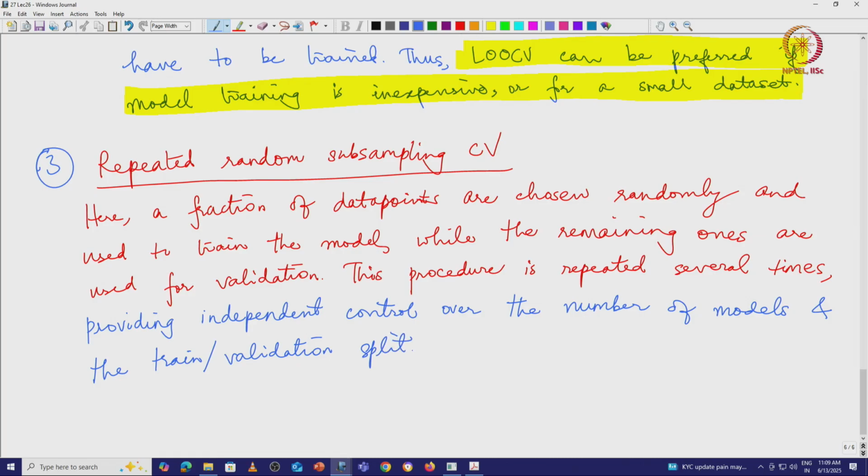Okay. So, this method allows independent control over the number of models and the train validation split. It is also called Monte Carlo cross validation because of the randomness involved.